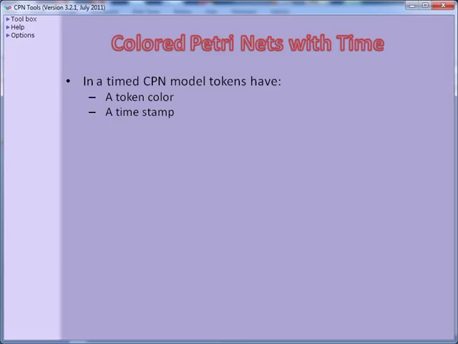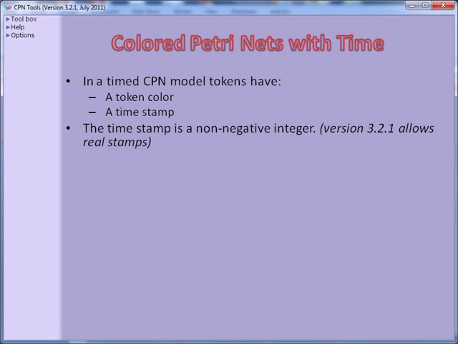In a timed CPN model, tokens must have a token color, and we have seen how those colors are defined inside color sets, but it must also have a time stamp. A time stamp is a non-negative integer. For those of you who have been using versions prior to 3.2.1, the time stamp on a token was supposed to be a non-negative integer number.